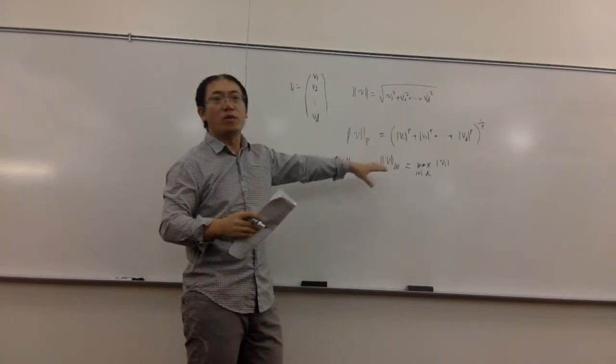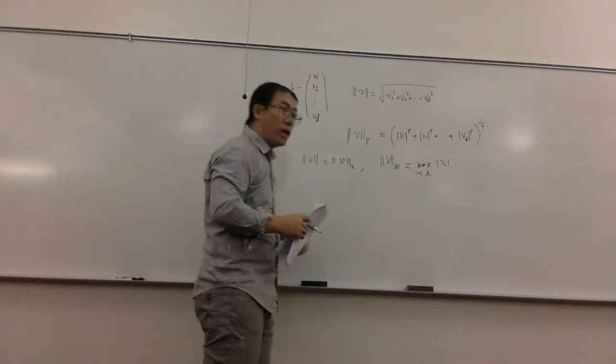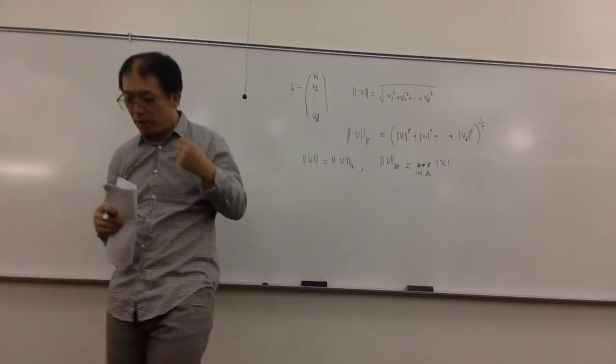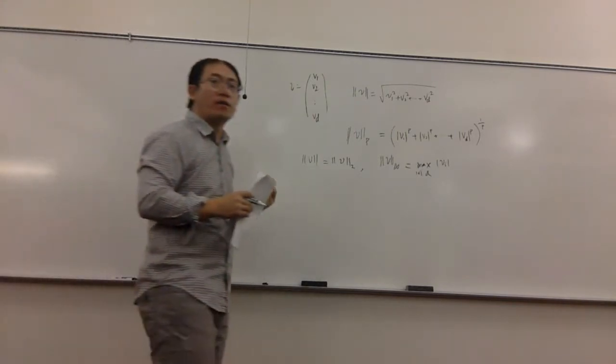It's pretty straightforward. These are the commonly used norm definitions for vectors, and then we introduced norms for matrices.